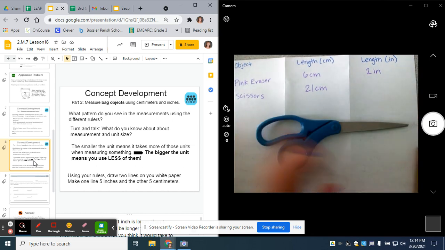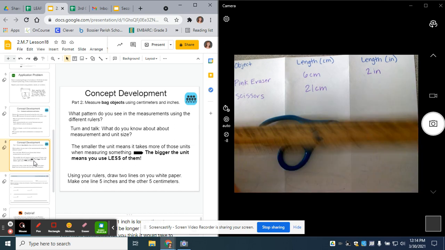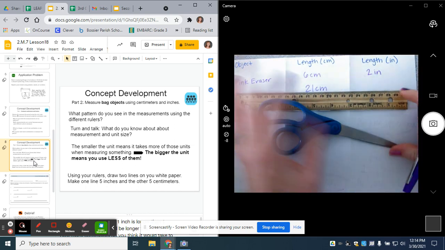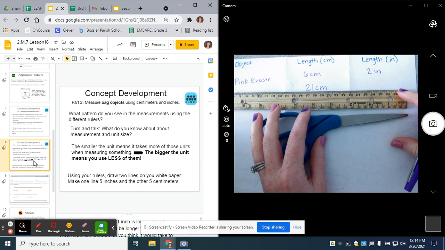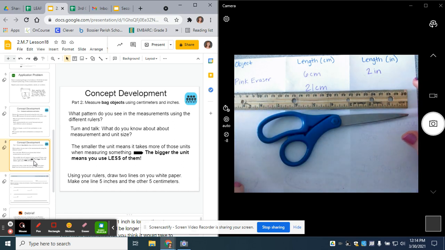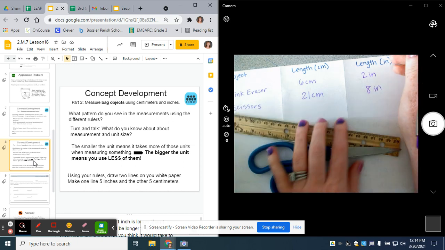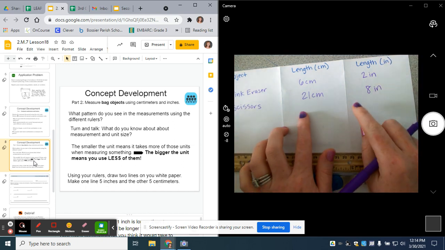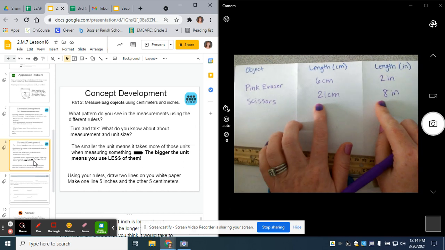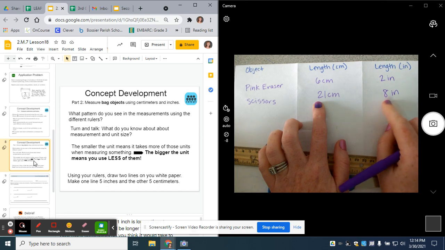I'm going to flip my ruler around into inches and see how long my scissors are. About 8 inches. Again, we have the same length, but different measurements. Now, it takes more centimeters, 21 versus 8 inches.